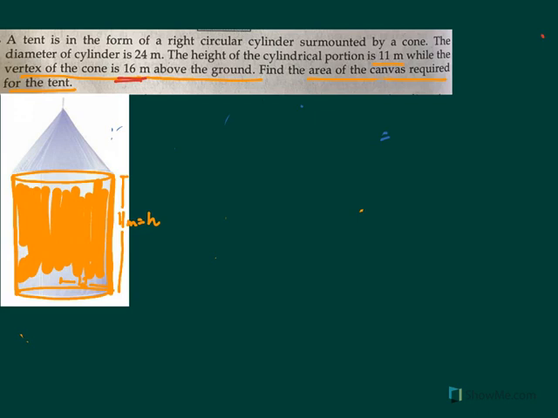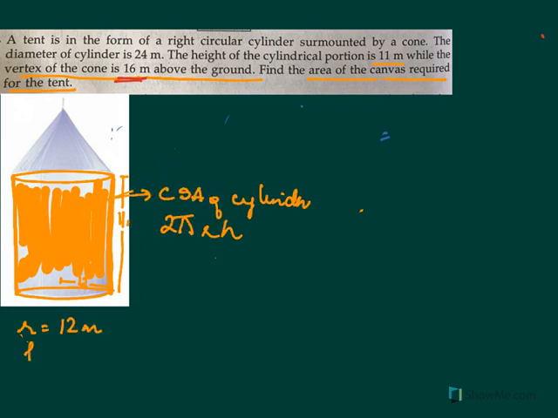And we know the CSA of the cylinder formula is 2 pi RH. So for us here, we know R is 12 meters, H is 11 meters, and we'll substitute. I'll keep the pi as it is. For R I will put 12, and for H I will put 11.